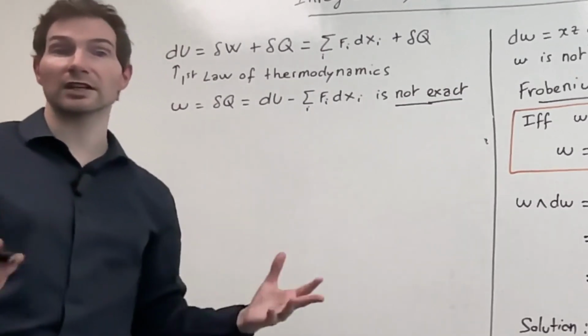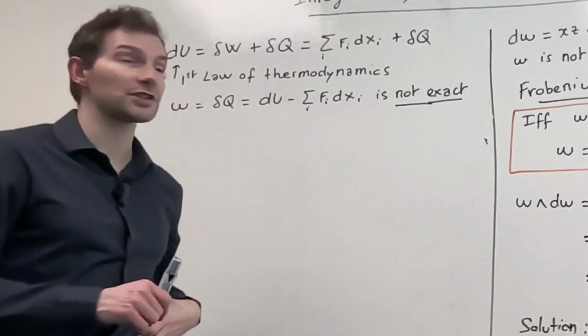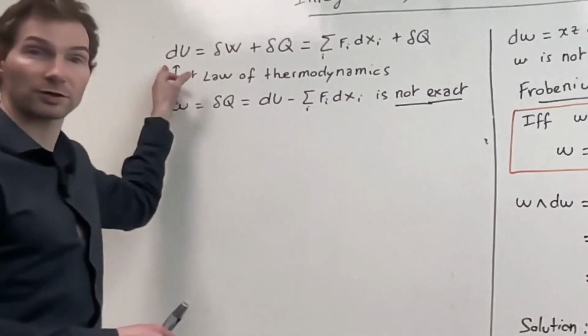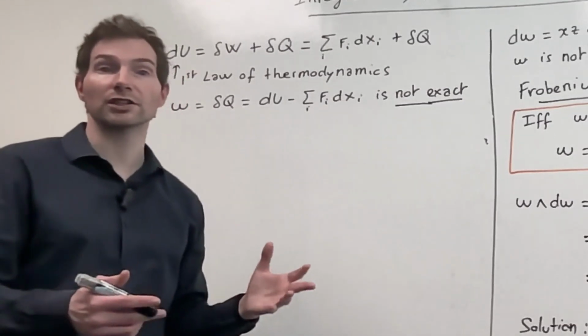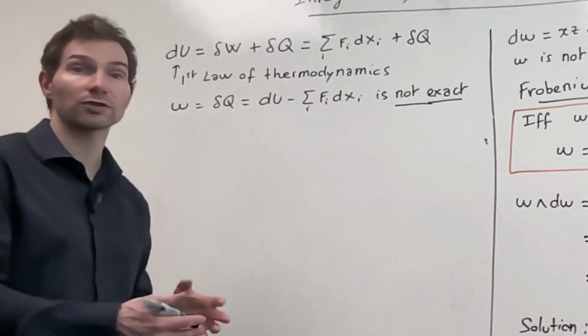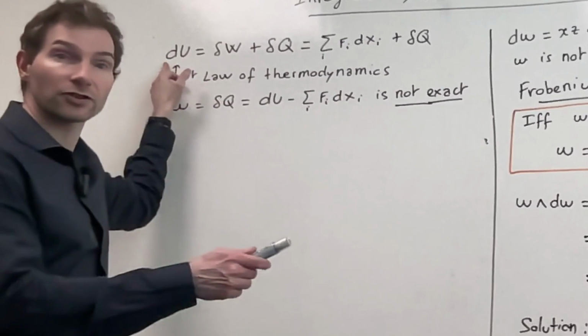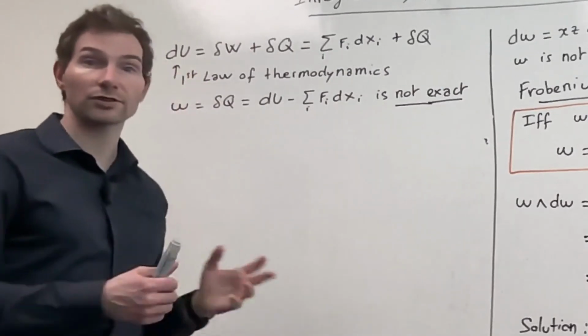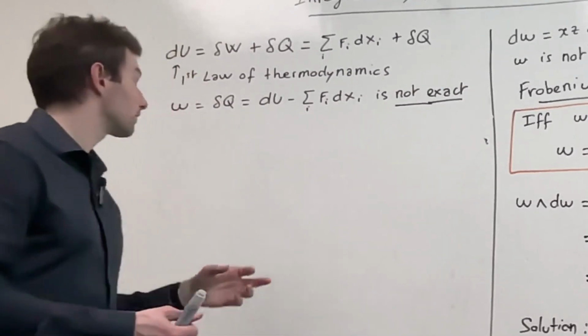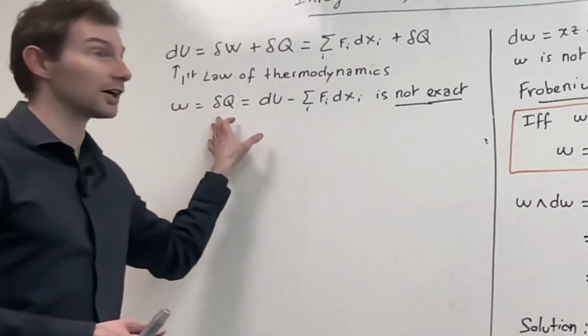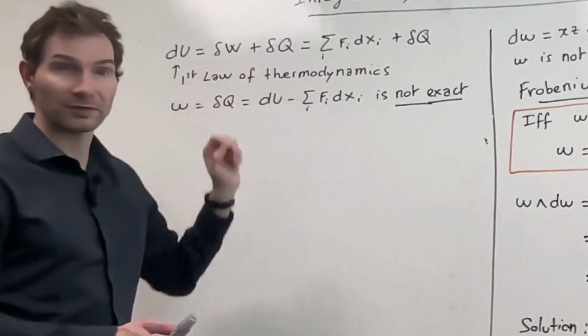Okay, so it's not an exact one form, so I can't express it in the same way I do with, for example, the internal energy, where I can express it as a total differential, so basically as the exterior derivative applied to a function. I can't do that with δQ, and I can't do that with δW, by the way.